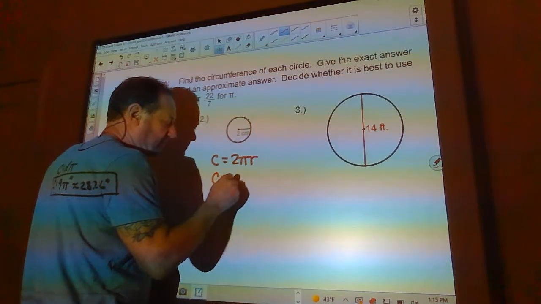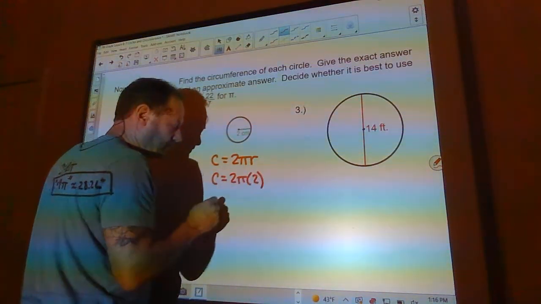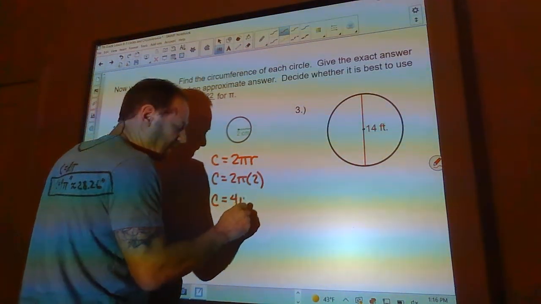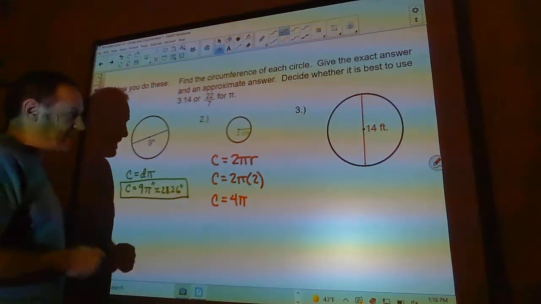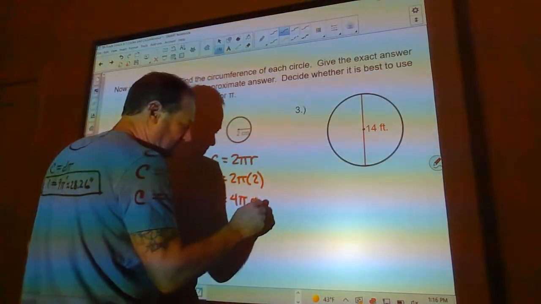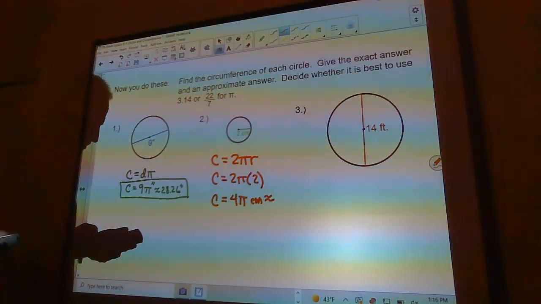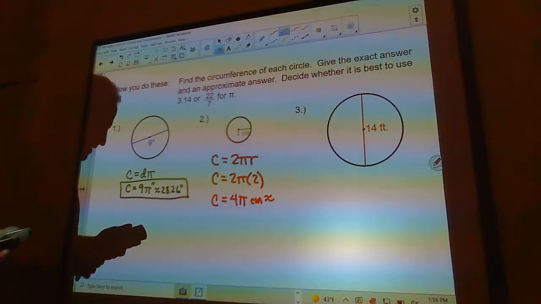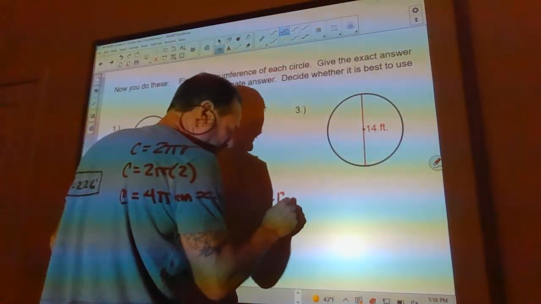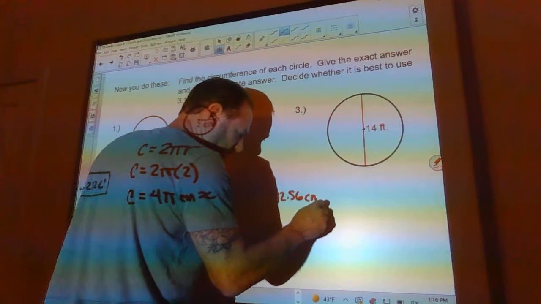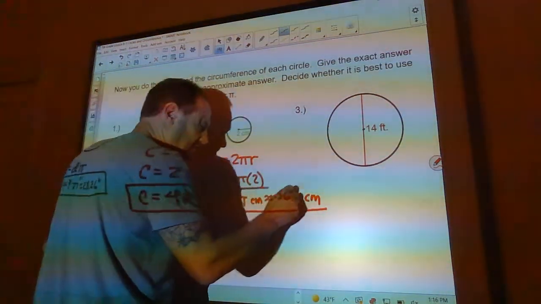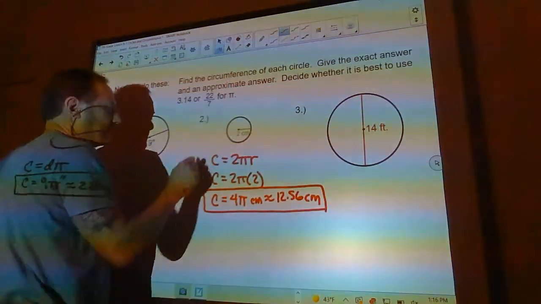So circumference is 2 pi times 2, which is going to be 4 pi. There's my exact answer, and this is in centimeters. Which is approximately, this would be one I'd probably use 3.14 for, so 4 times 3.14, that's 12.56. And there's my answer, in centimeters.